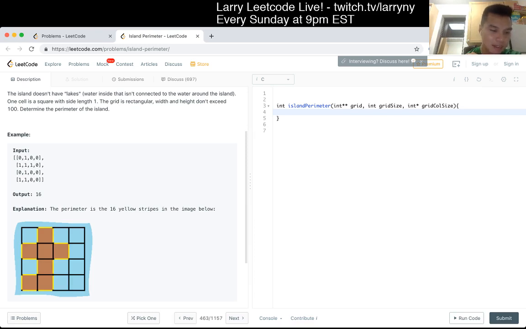My only maybe concern is that there may be double counting, but I think you should be okay as long as you look at the right directions. Should be okay. Let me just type it out then.